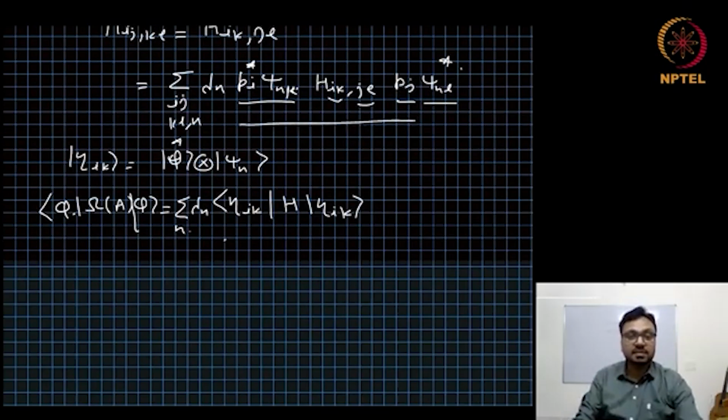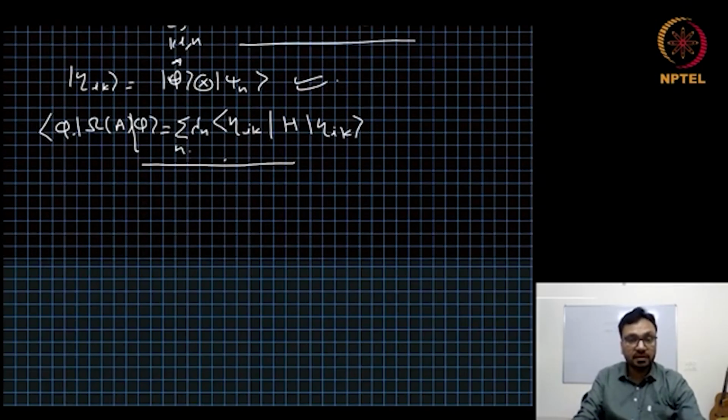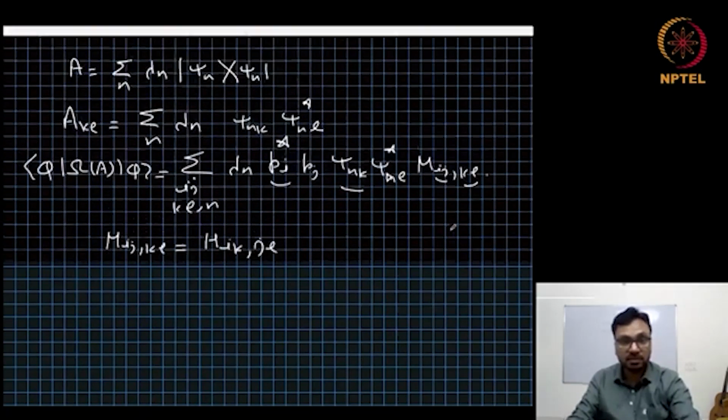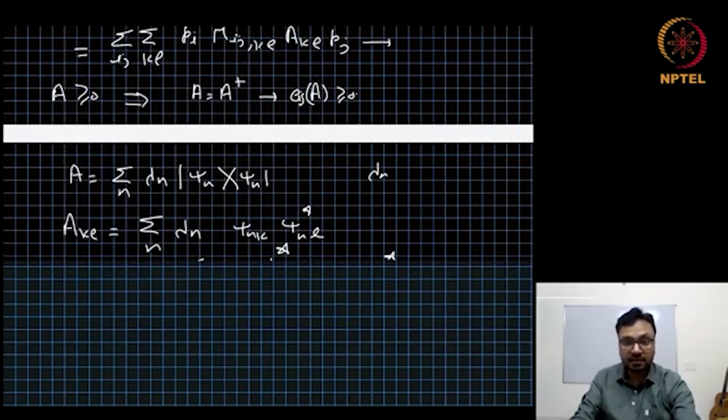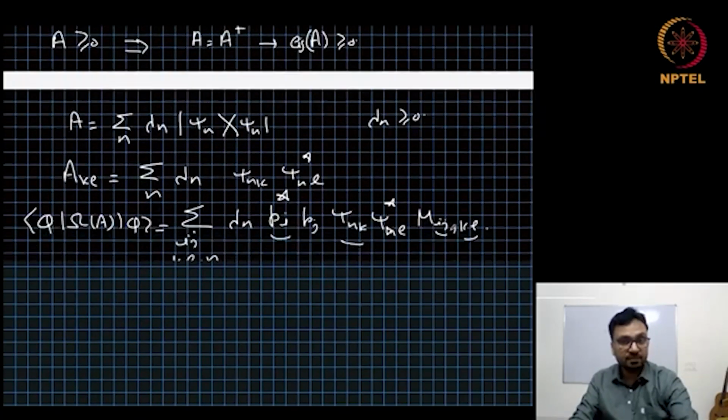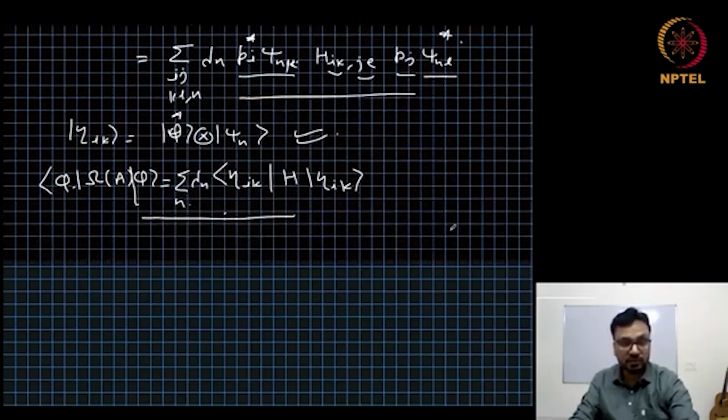This equation is the same as this equation with this definition of beta. Just a reminder that lambda n are positive because a is a positive operator.